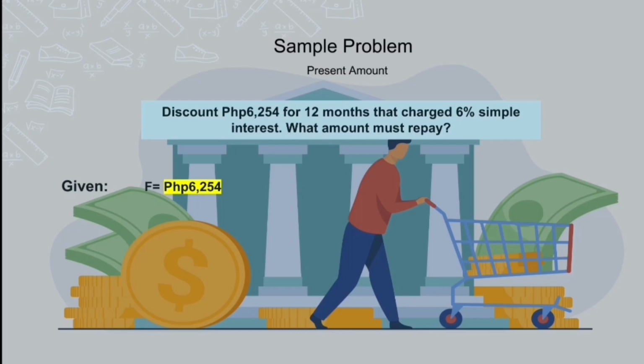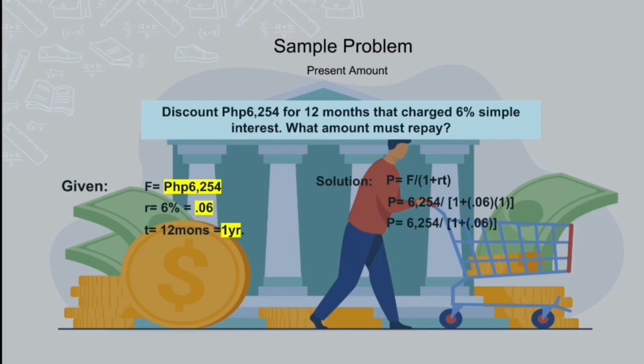Final amount is equal to 6,254 pesos. Rate is 6%. Then term is 12 months or 1 year. So in our solution, our formula for finding the present value is P equals F divided by 1 plus RT. So let us substitute the given. So we have 6,254 divided by 1 plus 0.06 times 1.